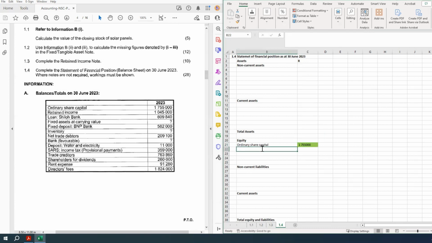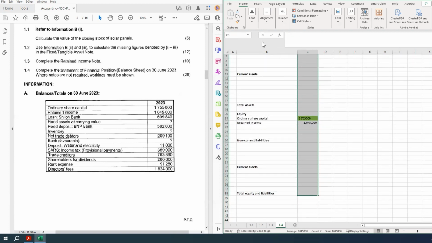All right, and then you have retained income. And retained income, that's 1,045,000.